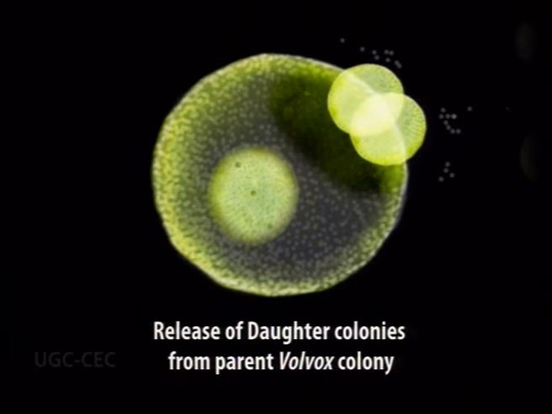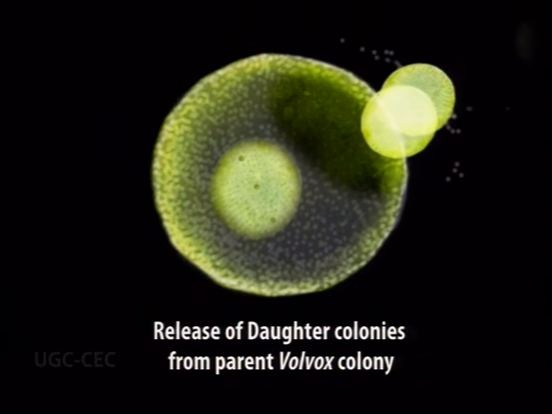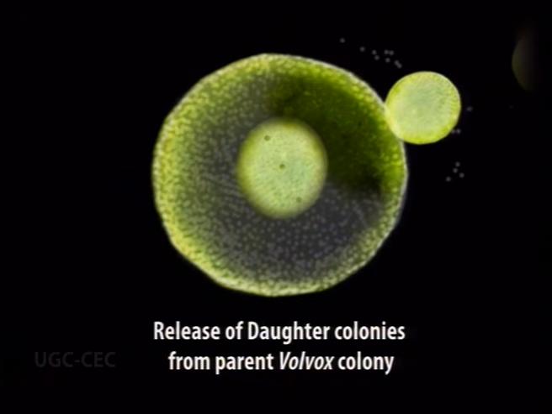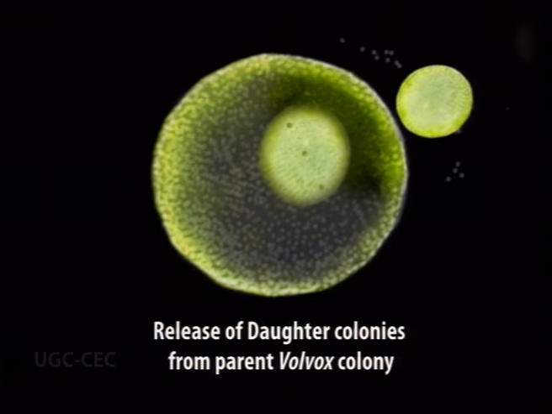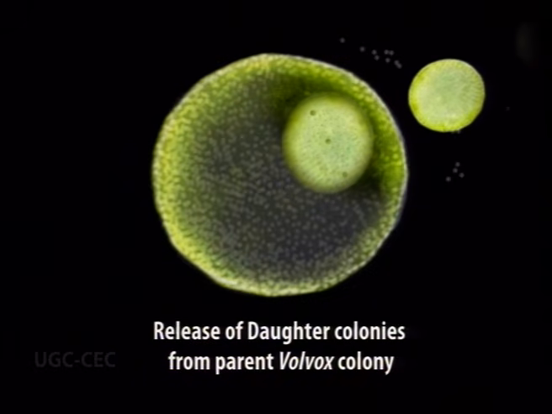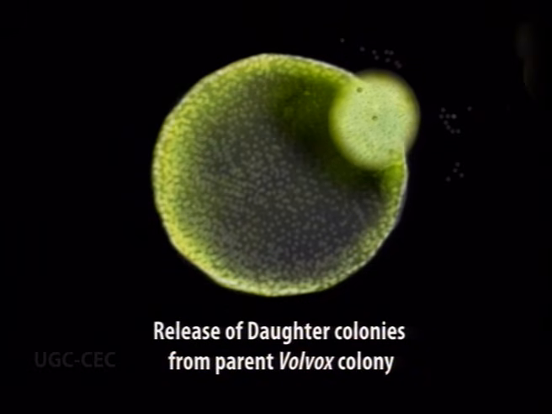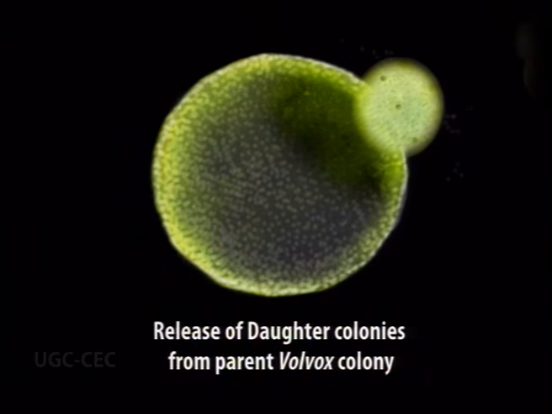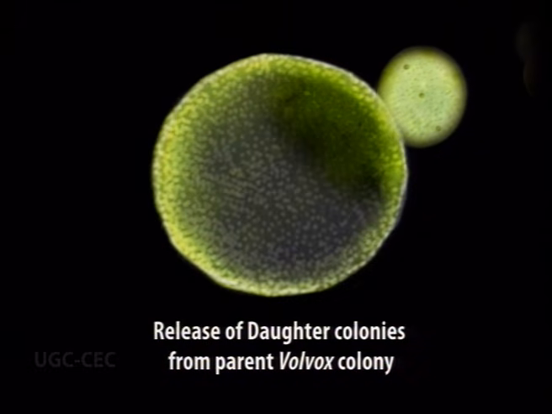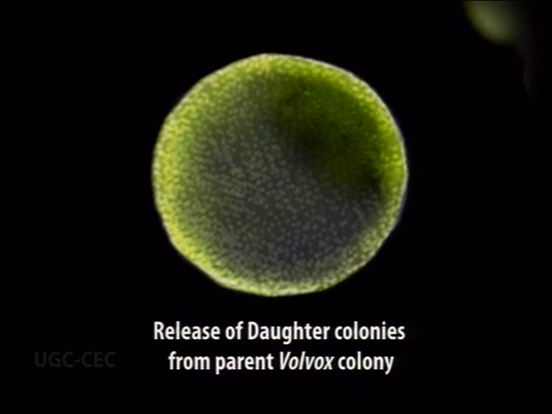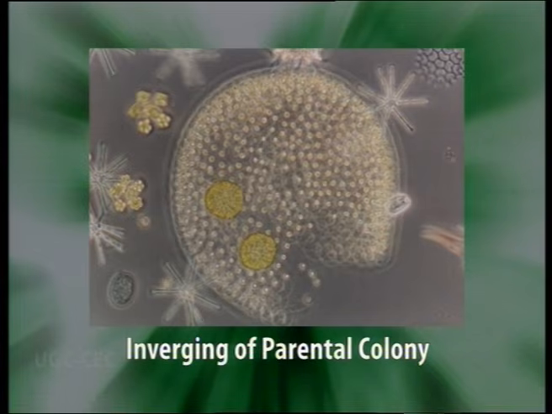For the flagella to move out, the colony inverts from the interior to exterior, and that movement is converting a dormant colony into an active colony, because flagella formation and flagella in turn facilitate the movement of these progenial colonies in the water from the parental colonies towards whatever habitat they prefer, or whatever habitat is suitable for their growth, for their development, as well as for the regeneration of the third progenial generation.